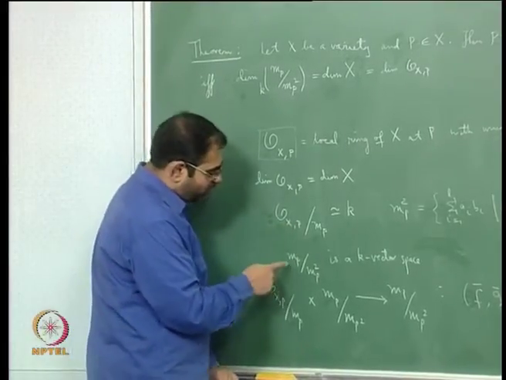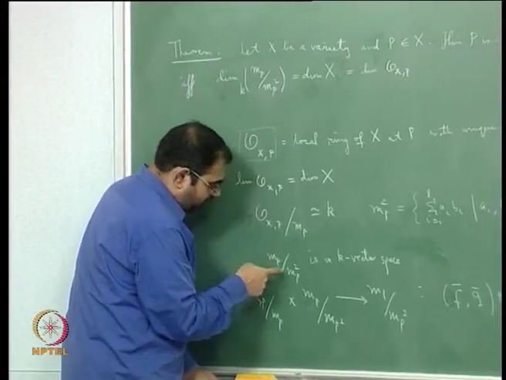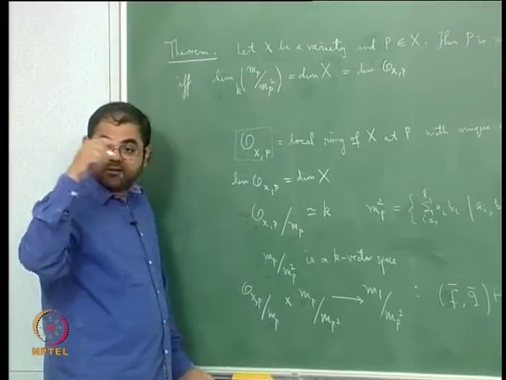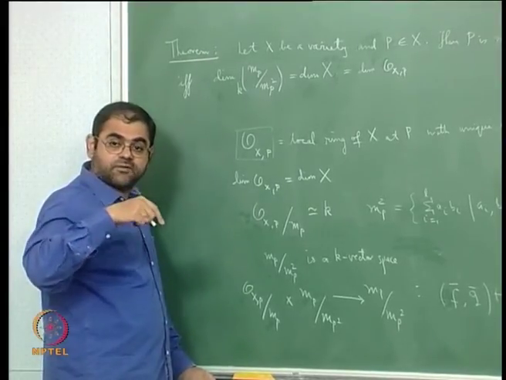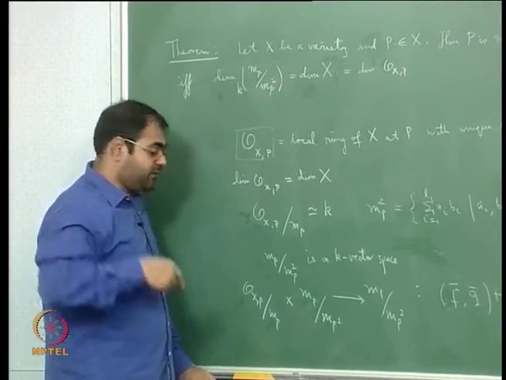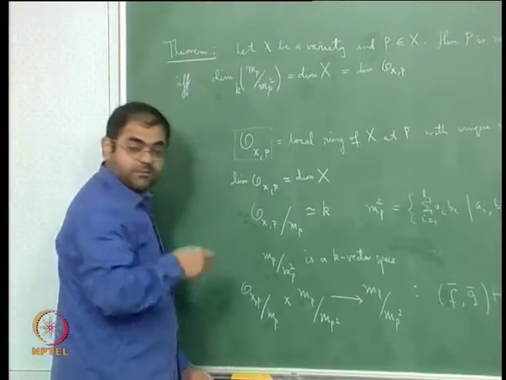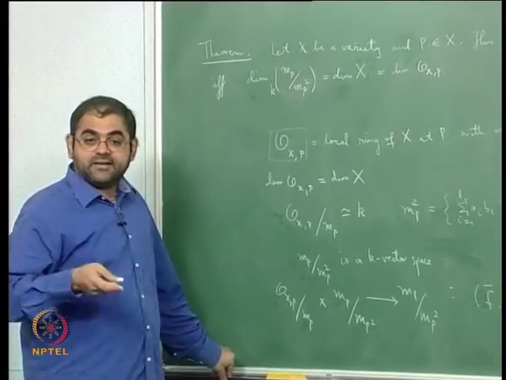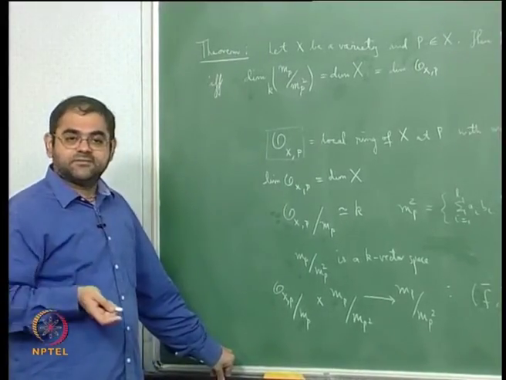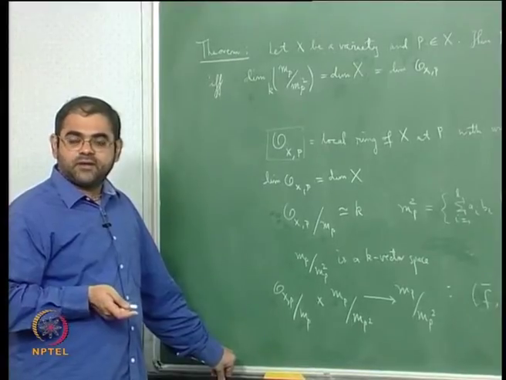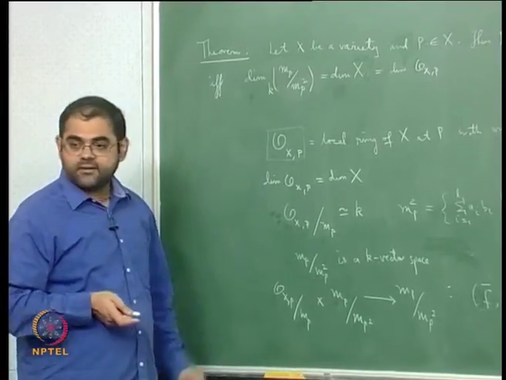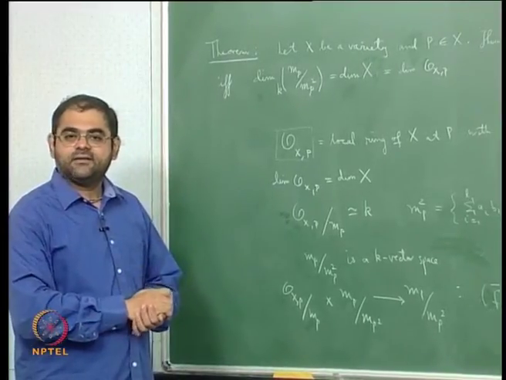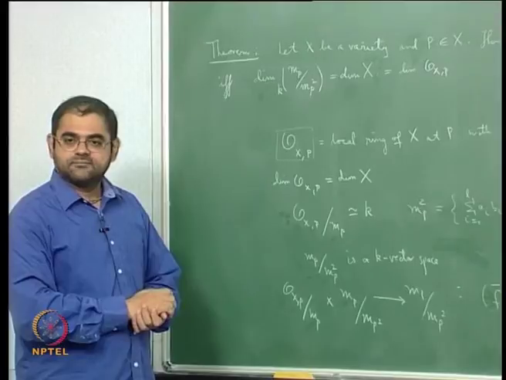And what does M mod M squared stand for? You take a function which vanishes at the point P, a germ of a regular function which vanishes at the point P, that is what a function that belongs to MP means, and reading it mod MP squared means that you take literally its derivative, because if you read mod M squared, that means you are only taking the linear term, you are not taking the degree 2 term onwards.